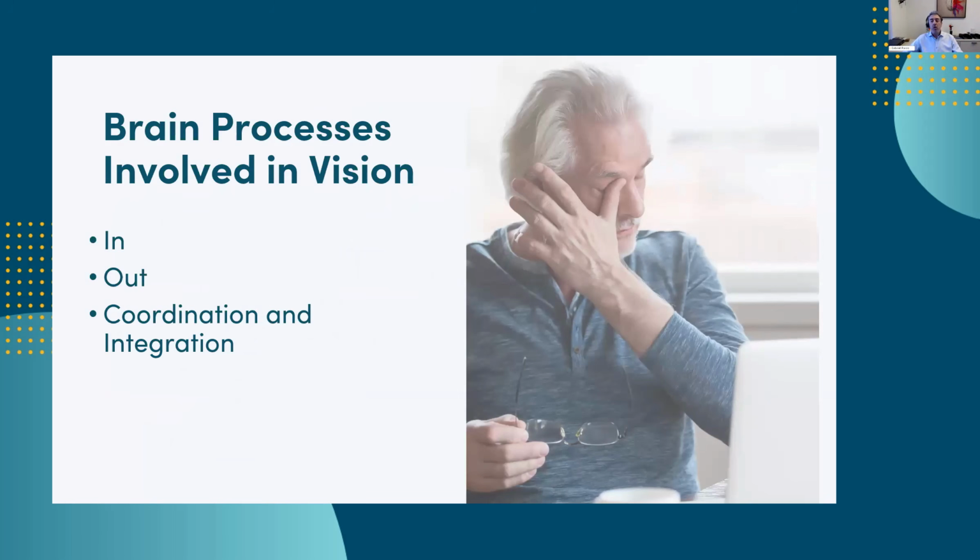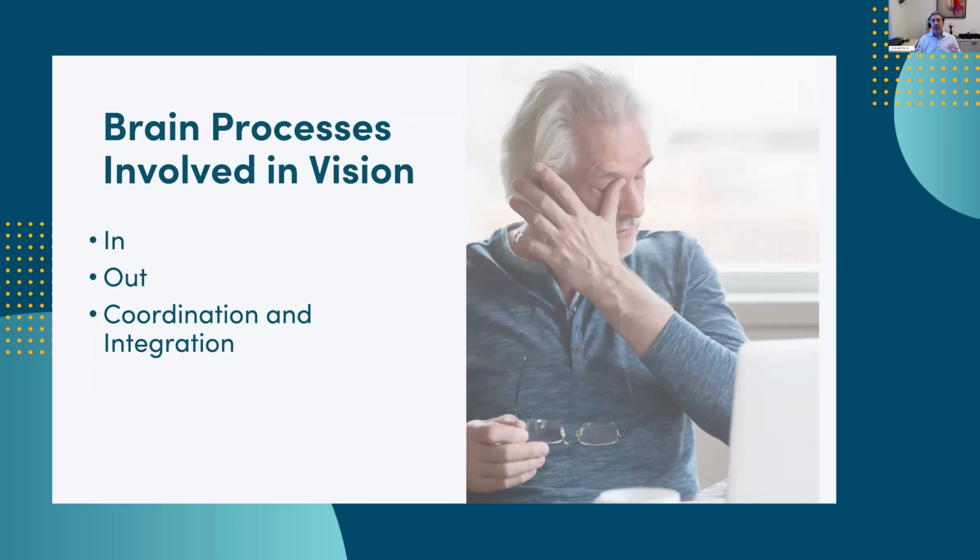When we then look at how to understand the problems with vision in multiple sclerosis, it's best if we separate these in 3 basic categories. Because the visual system is not just what we think about, just sending information to our brain so that we can see.